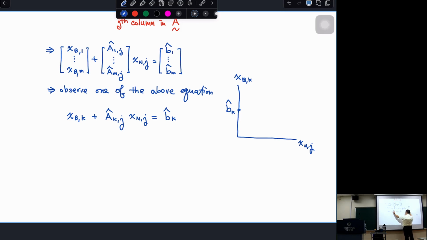So let's say there are three situations. One situation is like this, the other situation is like this, another situation is like this. Okay? So there are three situations. So if the line is horizontal, means a_kj equals 0.